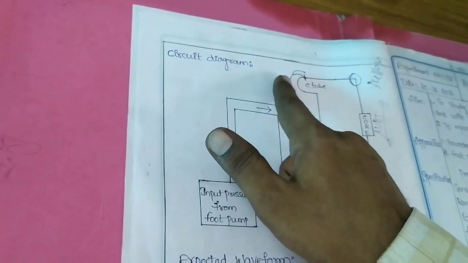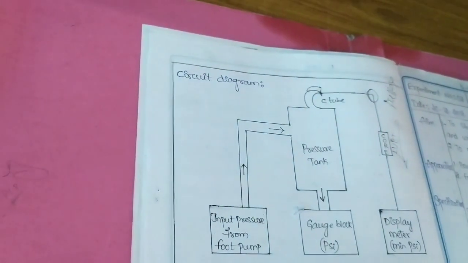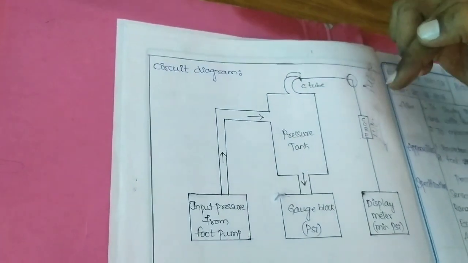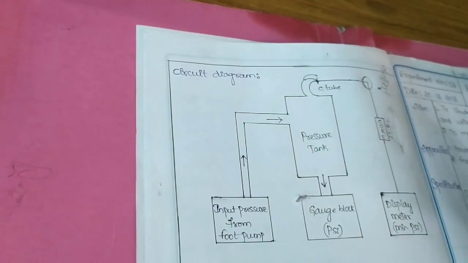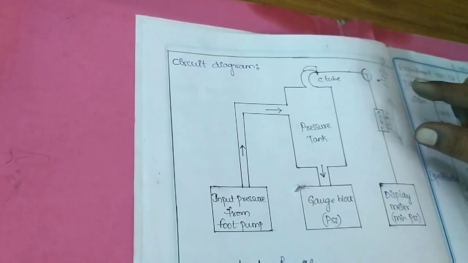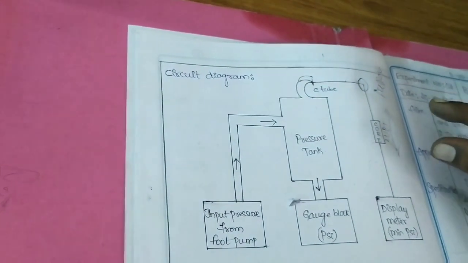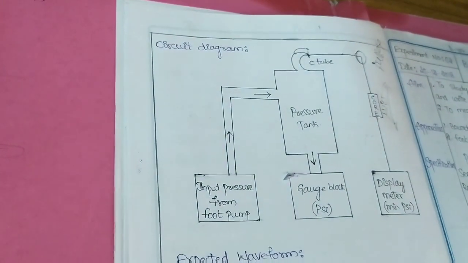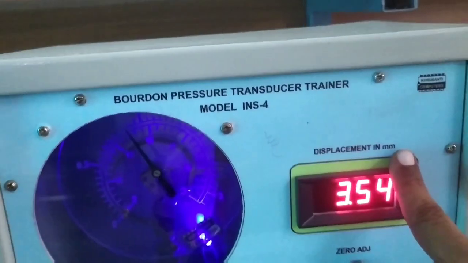By using this primary transducer, we can measure the pressure, which is a physical parameter. After that, the measured pressure is converted into some linear displacement. That displacement will be shown by the LVDT, and the value of this linear displacement will be indicated in the display meter in terms of mm. Here it's not PSI, it is millimeter.